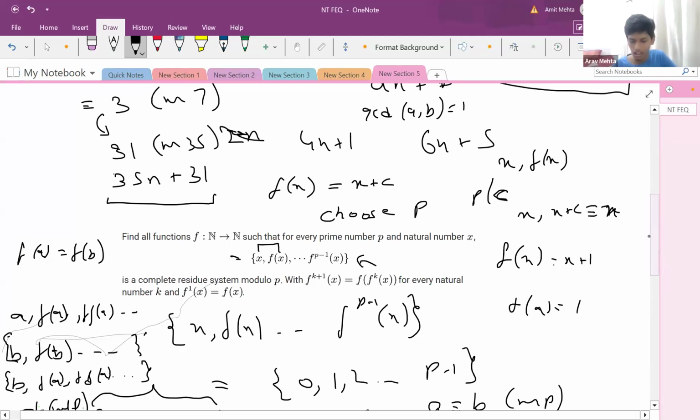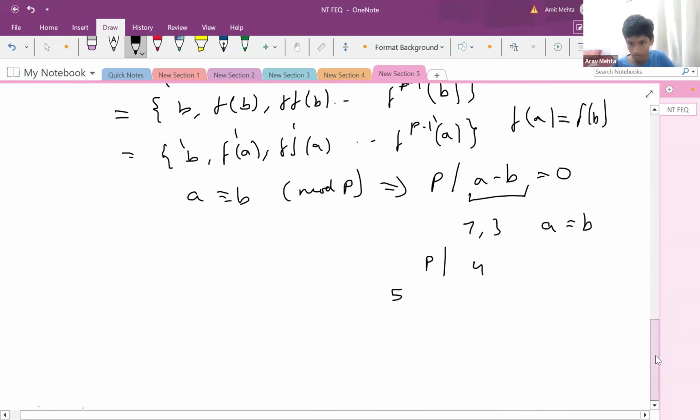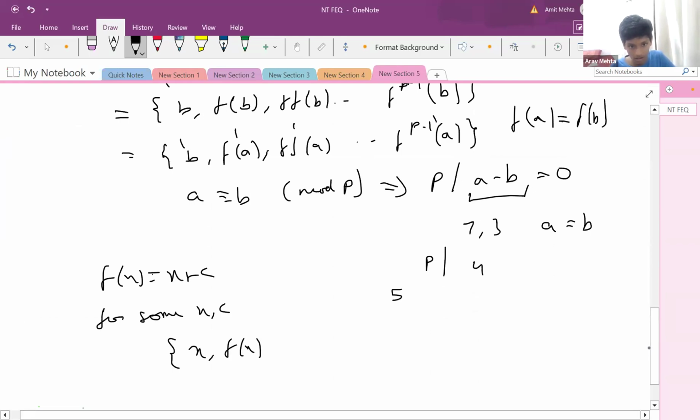Exactly. I'll just explain what he said. We have that if f of x equals x plus c for some x, c, then we have the set x, f of x, up to f raised to p minus 1 of x.